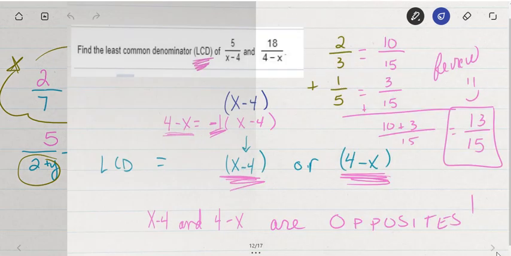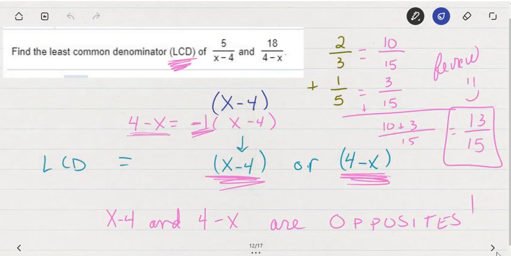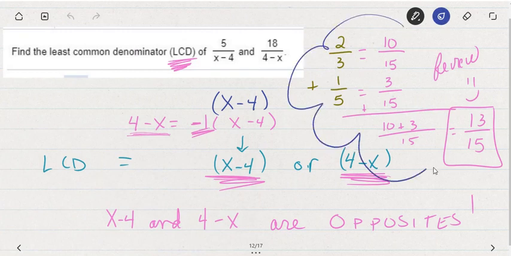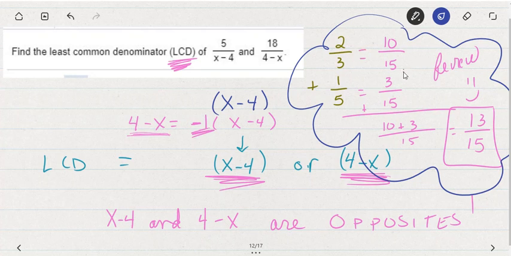Now in this example that we're going to start with today, we've got unlike denominators. So the review problem for unlike denominators is like this blue cloud, this 2 over 3 plus 1 over 5. Do you recall that the first step is that we needed to find the common denominator?